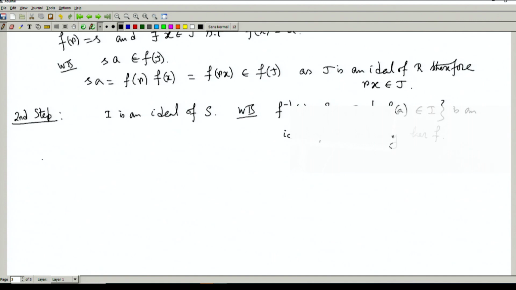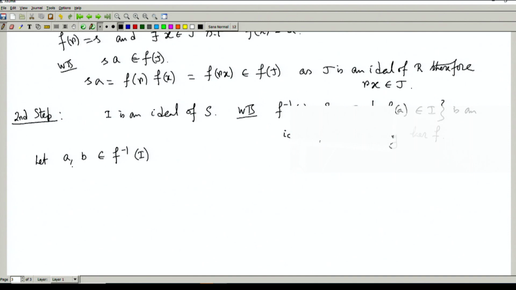Since I need to show that f inverse of I is an ideal, let us try with two elements. Let a and b be two elements in the pre-image. I would like to show that their addition will also be in the pre-image.